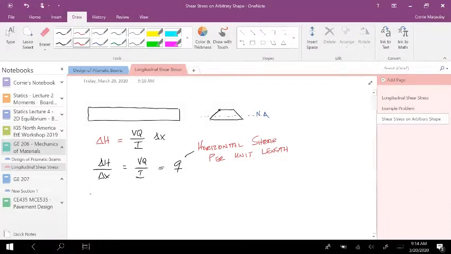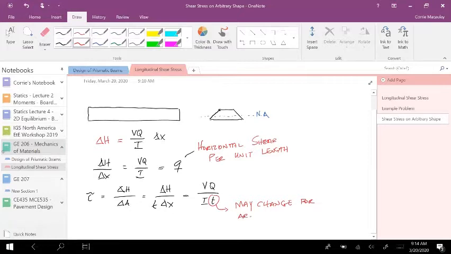And of course, I'll just do this again, but you all know shear stress is delta H over the area, so therefore delta H over T delta X. So we ended up with VQ over IT. And for arbitrary shapes, T may change. Let me circle T. T may change, and let me put that here for arbitrary.